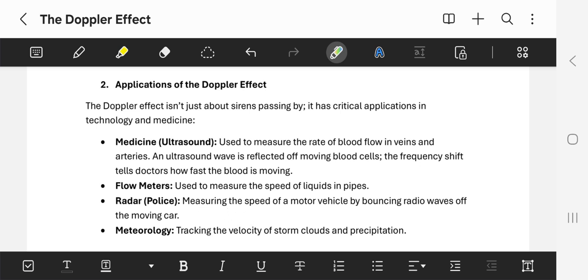Okay, so this is what the traffic officers basically get their information from in terms of speeding cars. Doppler effect has a part in that. And then it will work under meteorology, and here it will be tracking the velocity of storm clouds and precipitation. So Doppler effect, guys, works under those things.